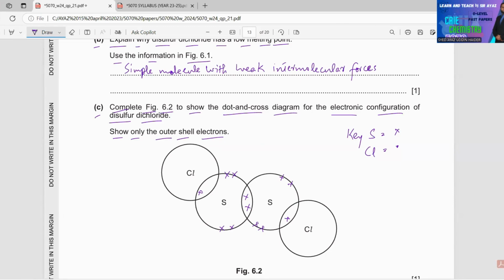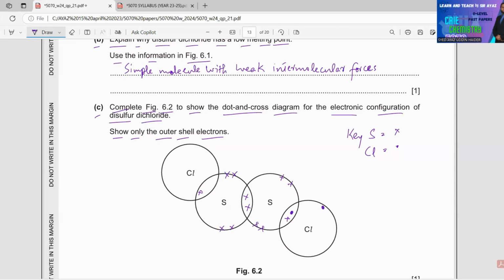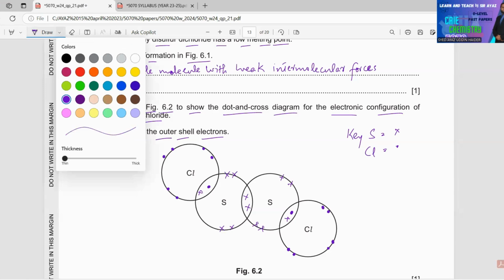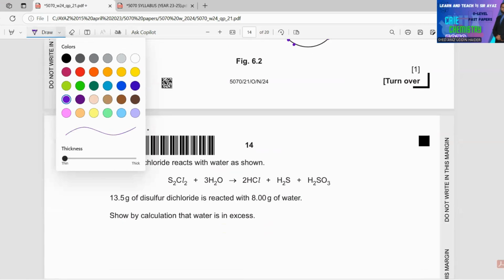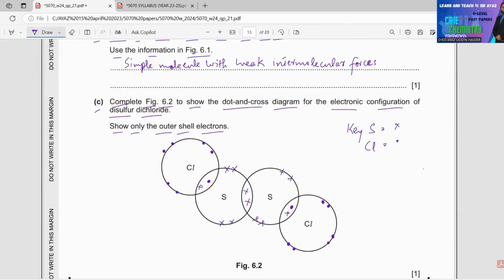So, I'm going to show the 7 valence electrons for each chlorine atom. 1, 2, 3, 4, 5, 6, 7. 1, 2, 3, 4, 5, 6, 7. This will be the final dot and cross diagram for disulfur dichloride.